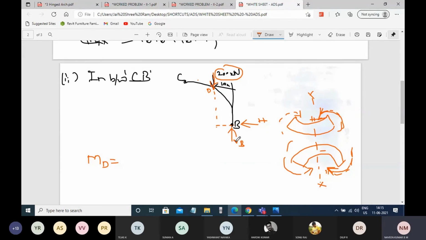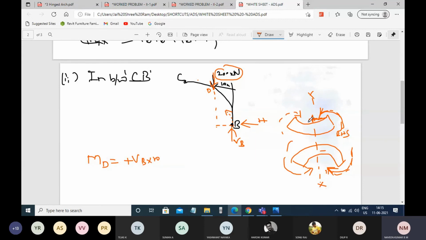Okay, so let me check. VB is the force. To reach D, you require a perpendicular distance of how much? 10 meter. So VB times 10 meter. And you see the rotation of VB towards D, it is anti-clockwise, but positive, because you are considering from the right hand side.